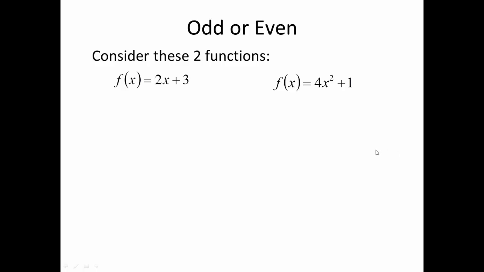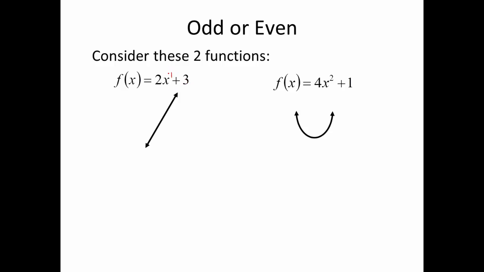All right, odd and even functions. Consider these 2 functions. Whether they're odd or even, we're talking about the exponent. The exponent here is a 1, so that's considered odd, and it's going to behave like a line, and this is actually a line.